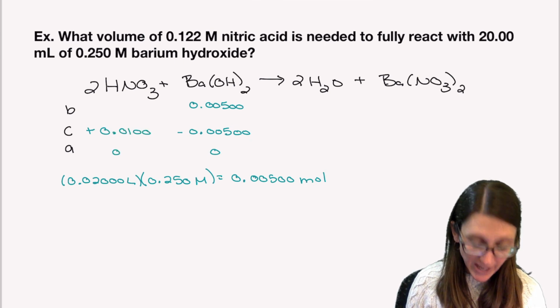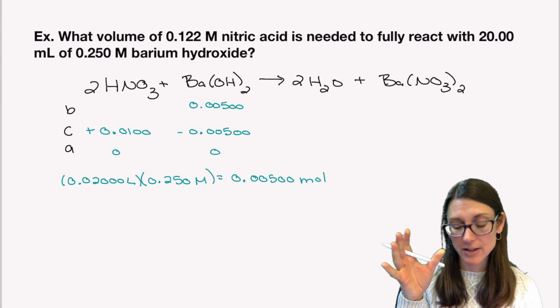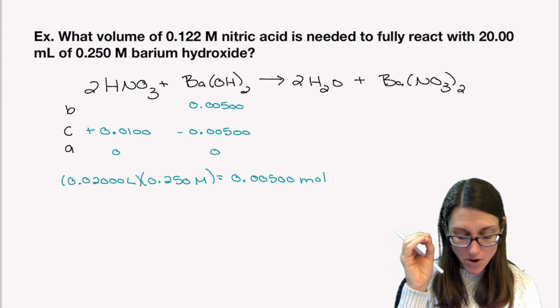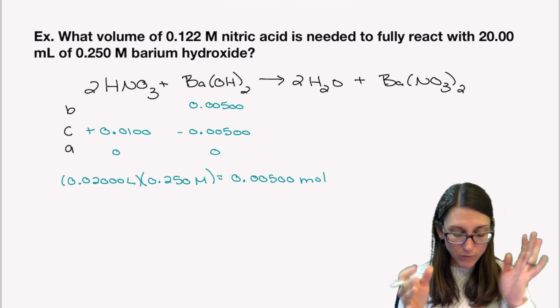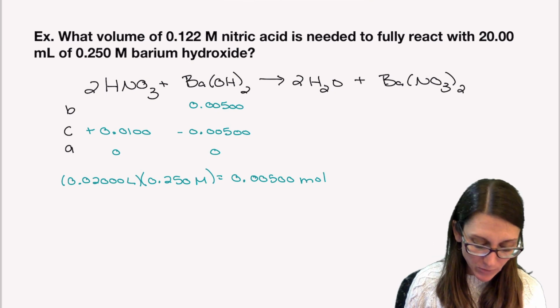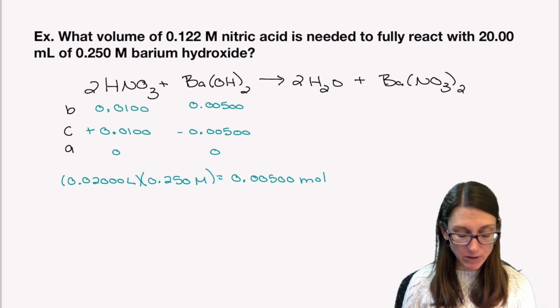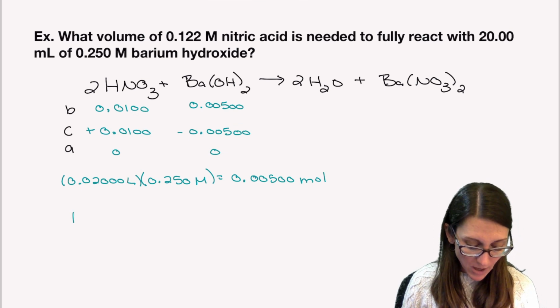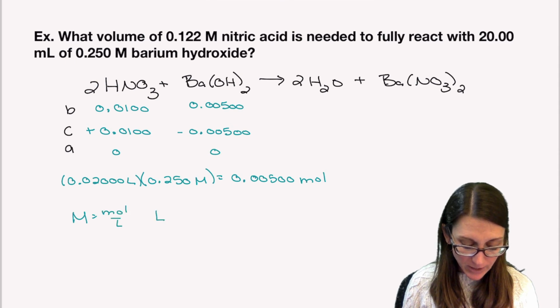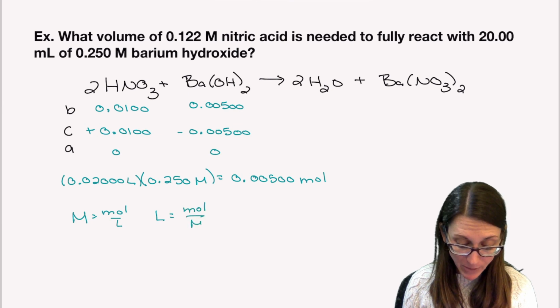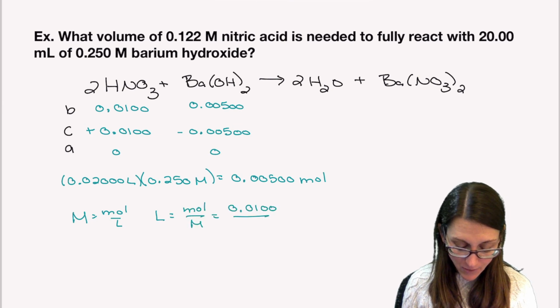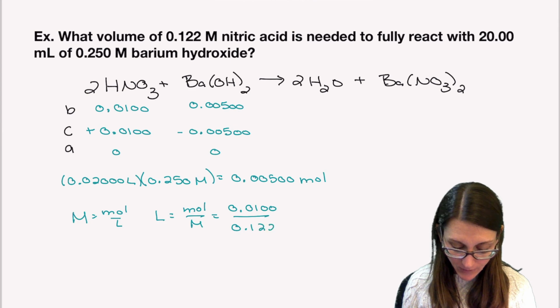Since I know, again, I had to get just to the point of reaction, so the stoichiometric equivalence of these 2 different chemicals, I know the amount of nitric acid that was present originally. And so then if I need to figure out what my volume was, I know molarity is moles over liters, and therefore the liters, the volume, will be the number of moles divided by that molarity for the nitric acid.